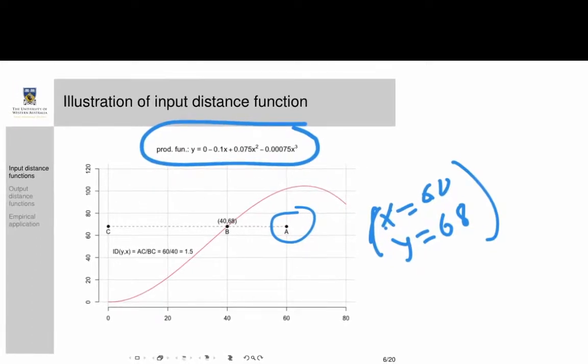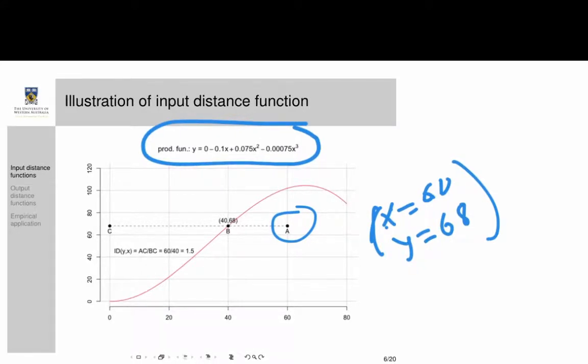So we don't look how far we are vertically. Instead, we look at how far we are from the frontier horizontally. So to measure efficiency in an input-oriented sense, which is what the input distance function does, we look at how far we are from the frontier horizontally.